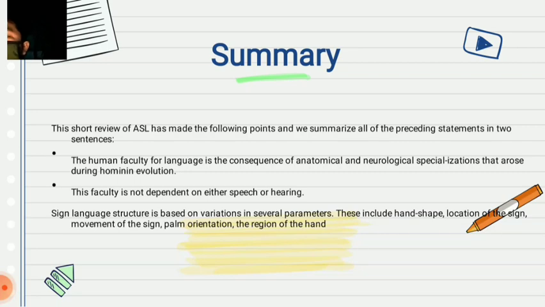Second, this faculty is not dependent on either speech or hearing. Sign language structure is based on variations in several parameters. These include hand shape, location of the sign, movement of the sign, palm orientation, and the region of the hand.